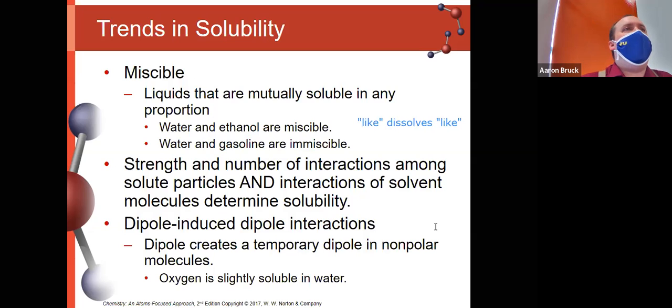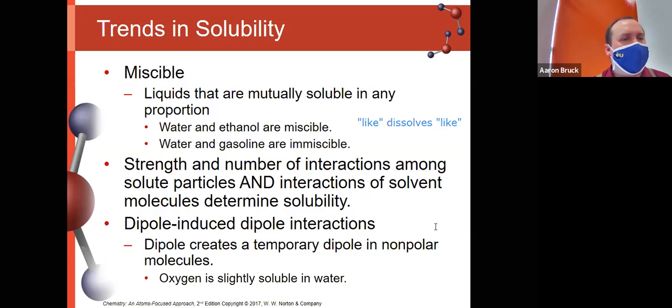Substances with similar kinds of intermolecular forces, polar and polar, they tend to dissolve in each other. Nonpolar and nonpolar, they tend to dissolve in each other. Polar and nonpolar, they don't tend to dissolve in each other very well at all.